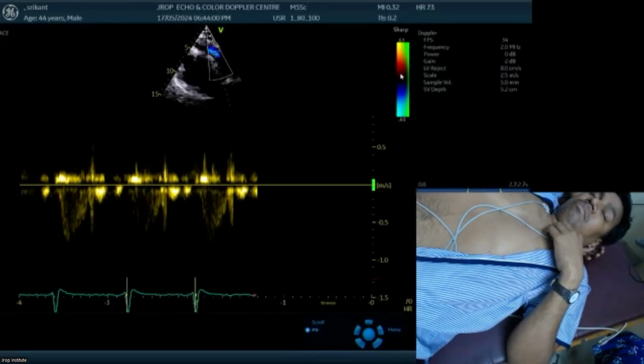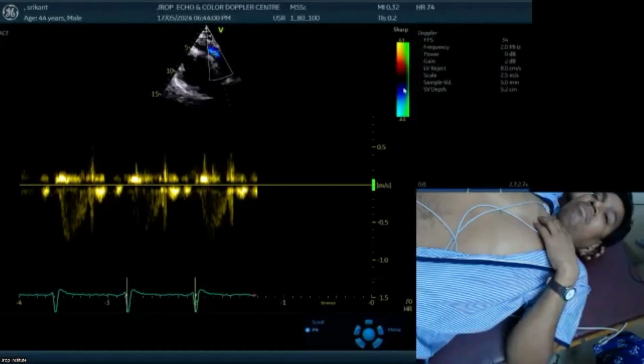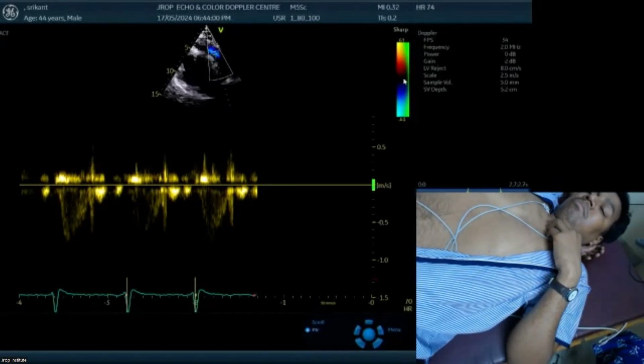This is based on an assumption of violet, indigo, blue, green, yellow, orange, red. So if you happen to see this color, the blue color is away and the red color is towards. And as the velocity increases, red changes to green in color.